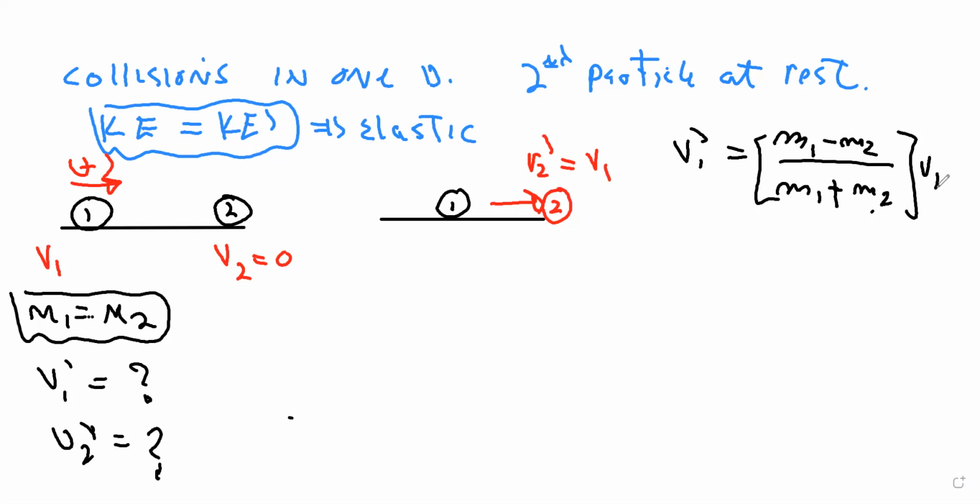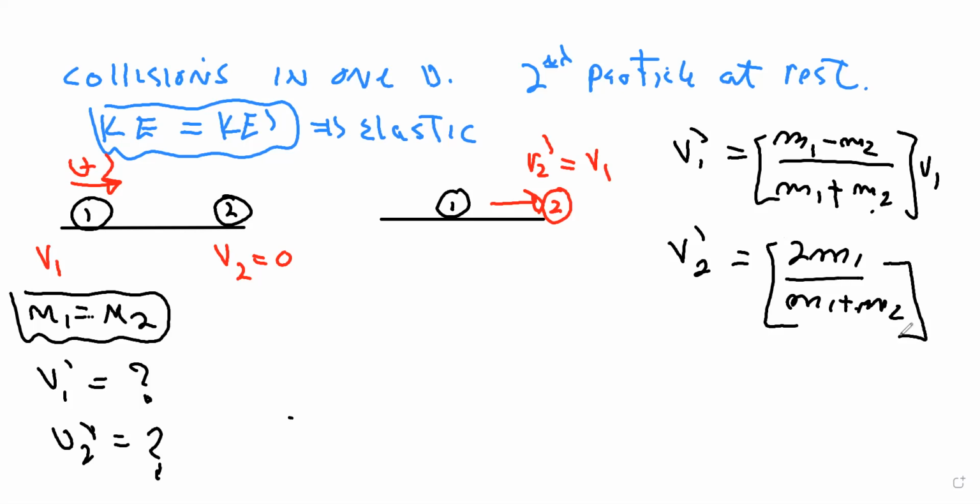V1 is the velocity of the first particle before the collision. And V2 prime is 2 M1 over (M1 plus M2), multiplied by V1.